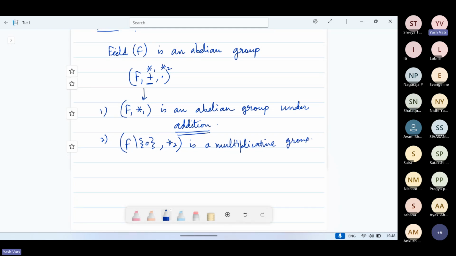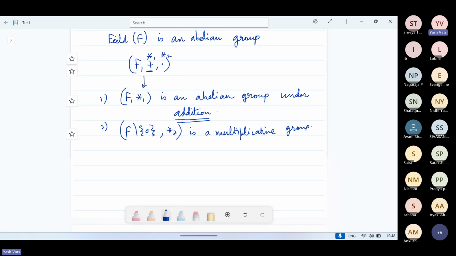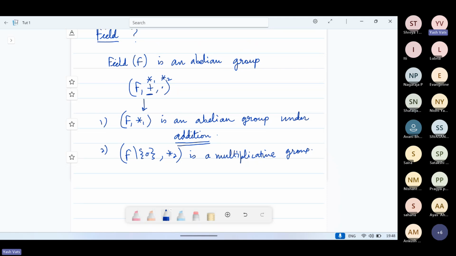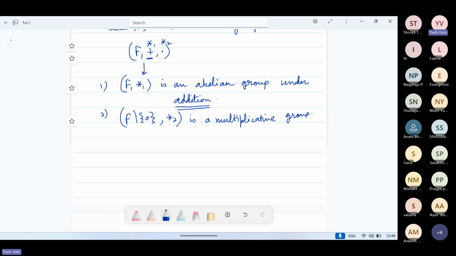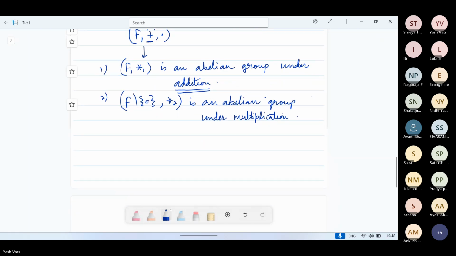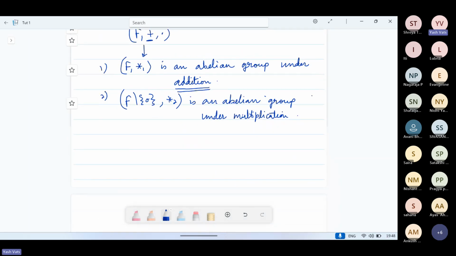So F without zero is an abelian group under multiplication.